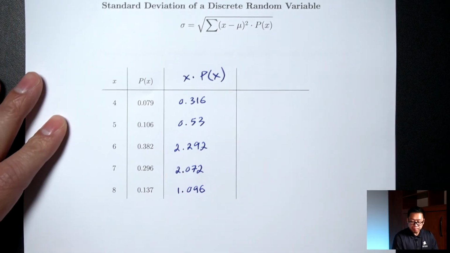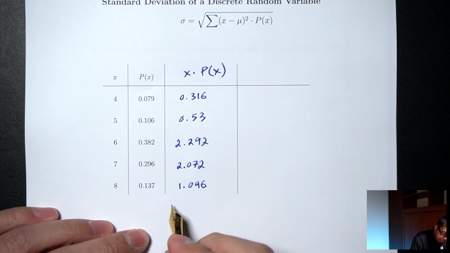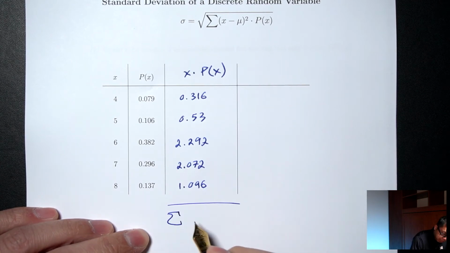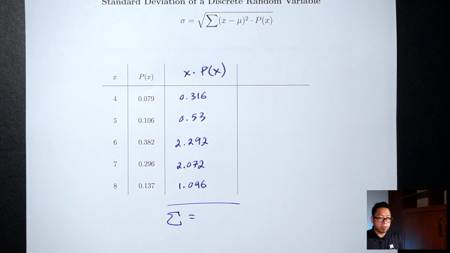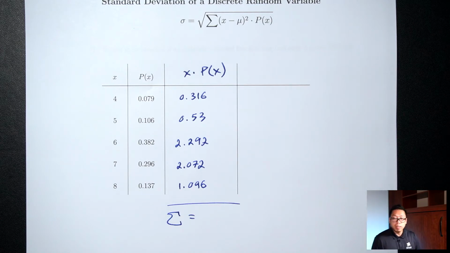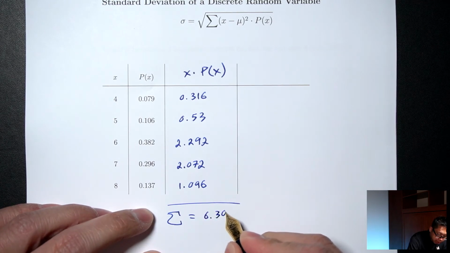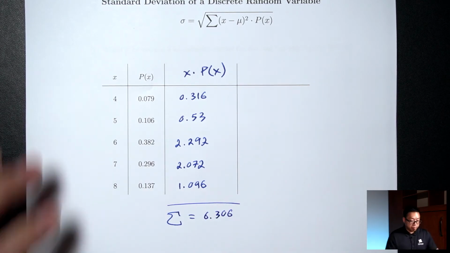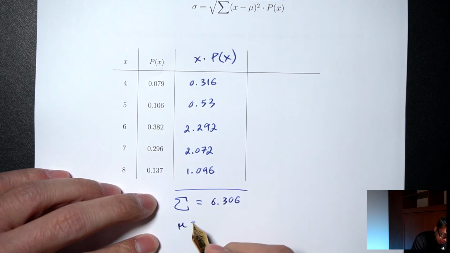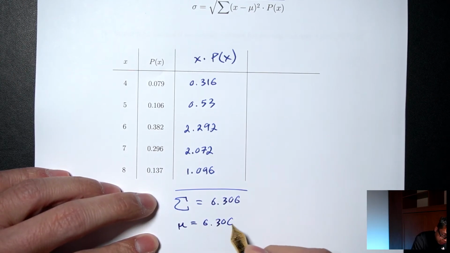So add up this column. 0.316 plus 0.53 plus 2.292 plus 2.072 plus 1.096 is 6.306. And that's our mean. So the mean is 6.306.